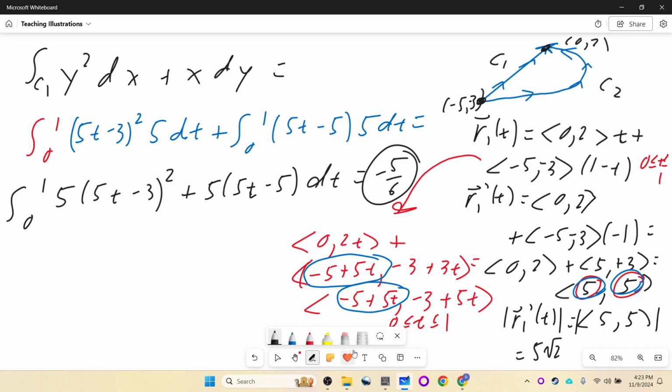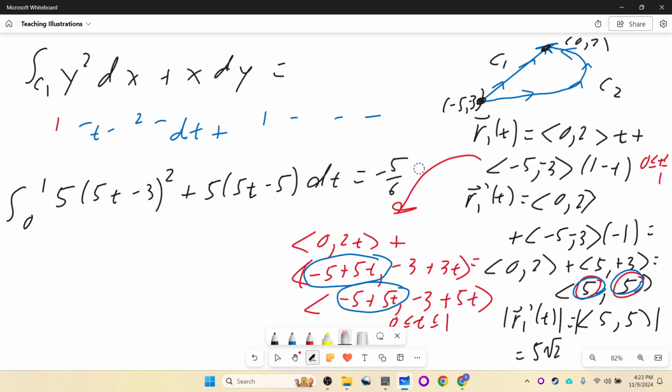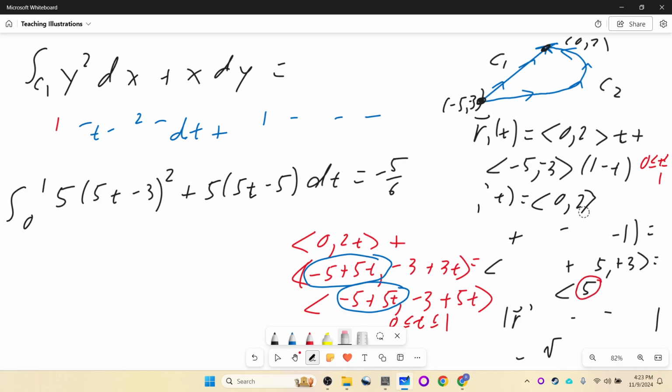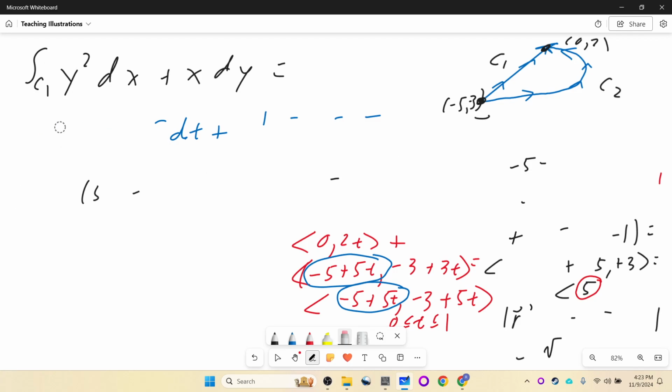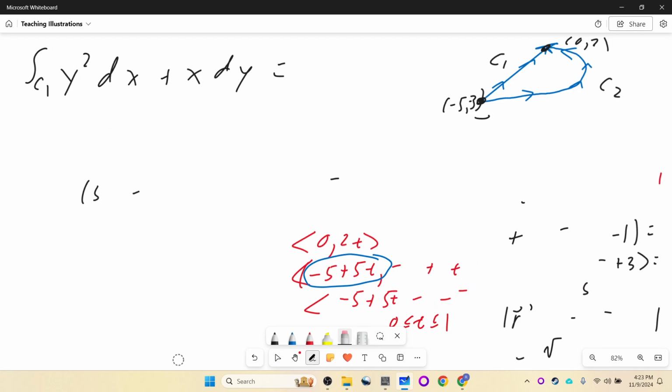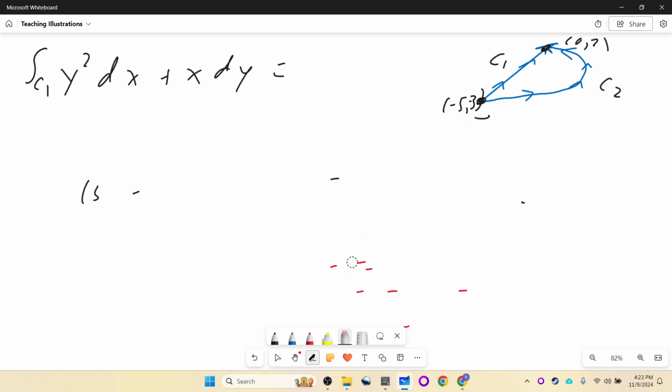Now, let's do the other one, the C2. All right, so erase all this. So let's do C2 this time.